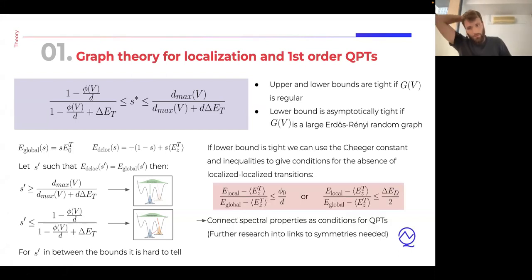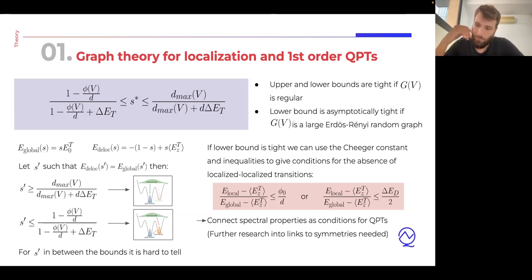Something that's also going to come up in the numerics is that for certain problems, we might be able to assume that the graphs describing the local minima are actually regular.